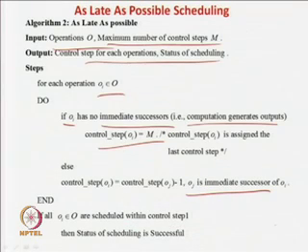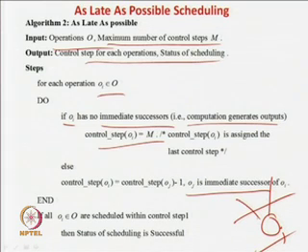Next, say Oj has been scheduled, either at the last step or some intermediate step. Then you need to find all the operations Oi whose immediate successor is Oj. So Oj is the immediate successor of Oi. Find all such Oi, and schedule them just one step before it, that is, control step of Oj minus 1.